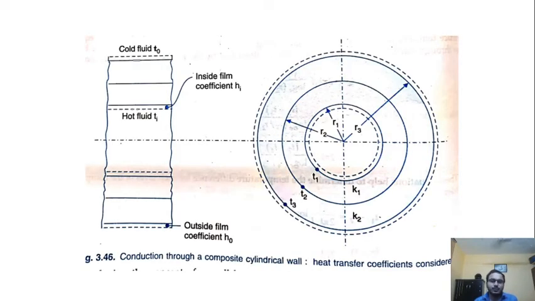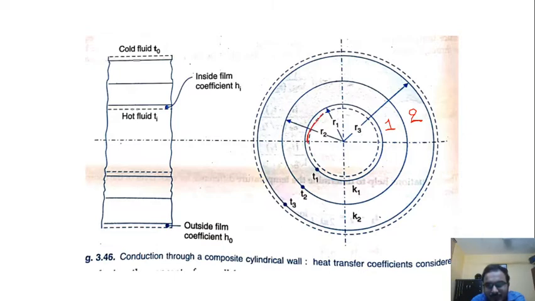So now we will focus on this figure. Here instead of having three layers, for simplicity purposes we have kept only two layers, that is layer 1 and layer 2. And here we are having this as a hot fluid.